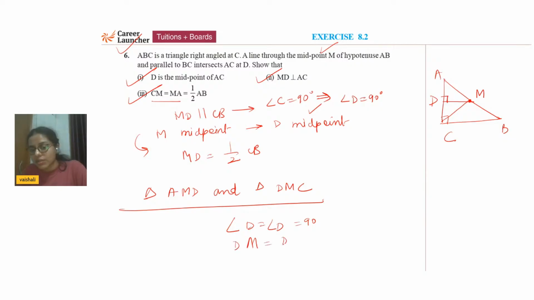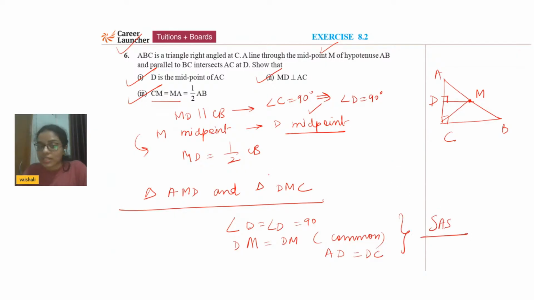DM is equal to DM which is common. Is there something else which is common here? Yes. हमने तो prove कर दिया था D is the midpoint, so it means AD is equal to DC because my D is midpoint. So from SAS congruency rule, I can say that these two triangles are congruent to each other.